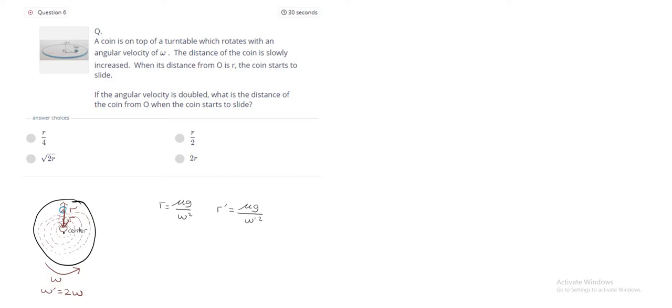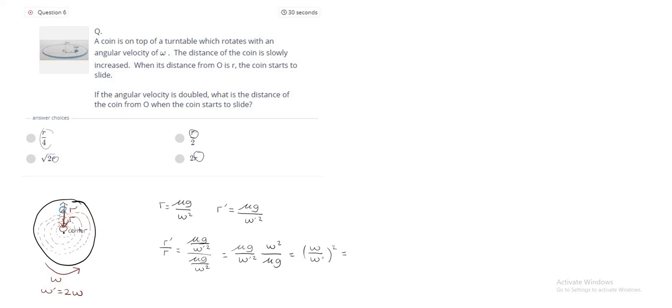Now we ask what is the new distance expressed in terms of the old distance. Since you want to express r prime in terms of r, we do something like this. We put in everything, and what will come out is mu g over omega prime squared divided by mu g over omega squared. So you come out with omega over omega prime, squared.